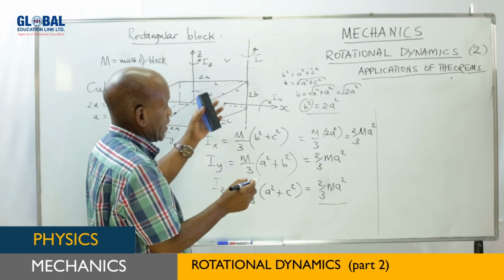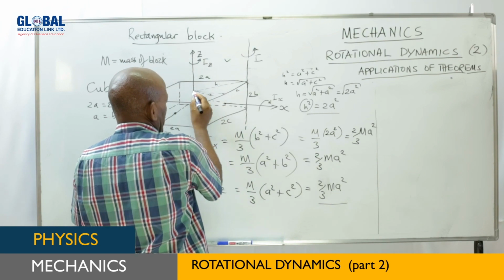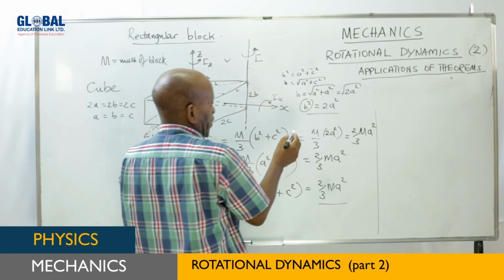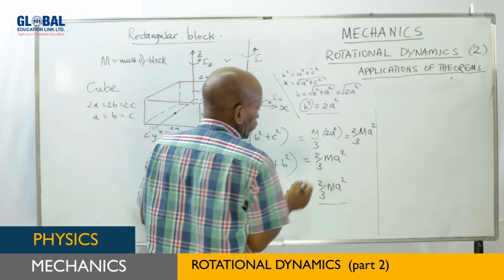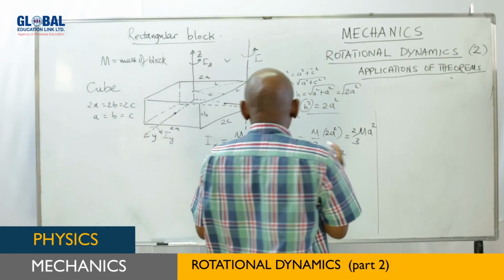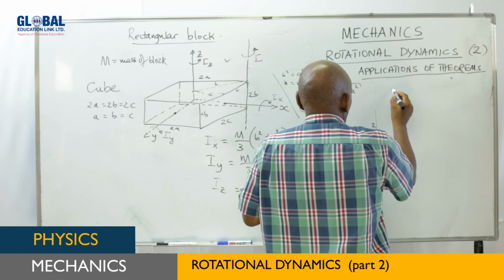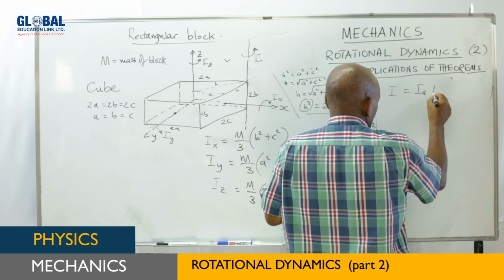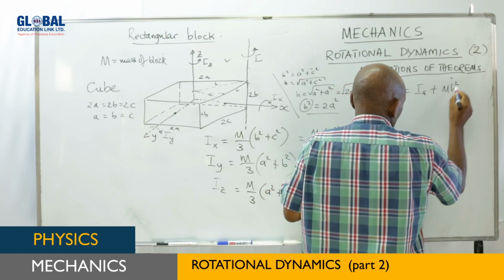If I'm still considering this to be a cube, then I need to know the distance that separates the two axes, which is h. From the Pythagoras theorem, as I've already derived previously, h squared will be equal to 2a squared. And from the parallel axis theorem, this moment of inertia will be equal to the moment of inertia through the axis passing through G plus m times h squared.